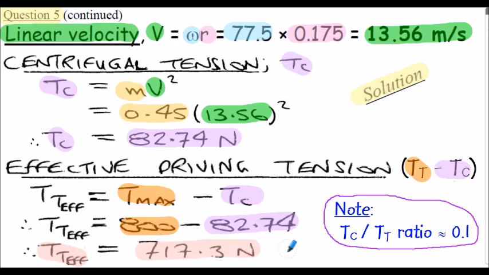I just note for reference, the Tc to Tt ratio is actually 0.1 here. For maximum power transmission conditions, we know from part 2 of our lecture series, that would have to be 1/3 or 0.3 recurring. So for the initial part of question 5, we are not operating at the optimum conditions for maximum power. That actually is the second part of the question.